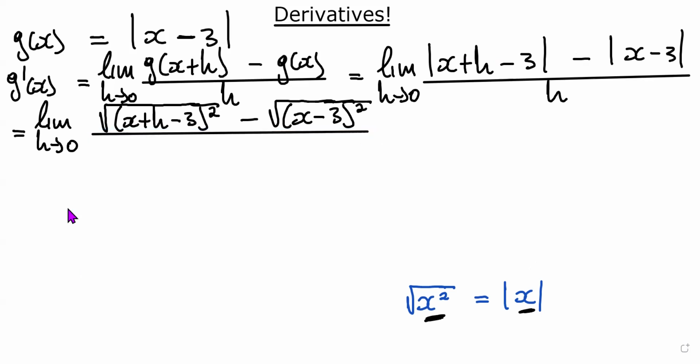And then this entire thing is divided by h. Now we still have a 0 over 0 case. The question is, how do we get out of this mess? Well, the easiest way out is to rationalize our numerator.